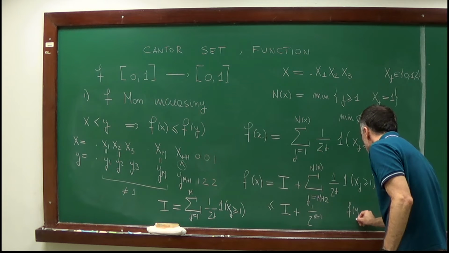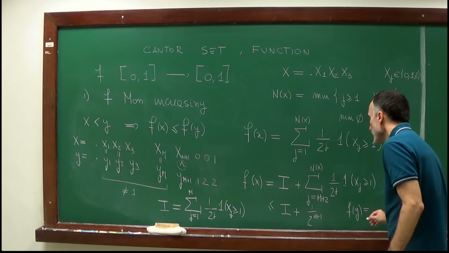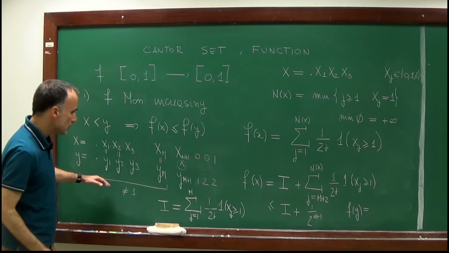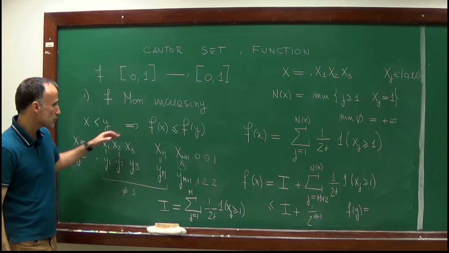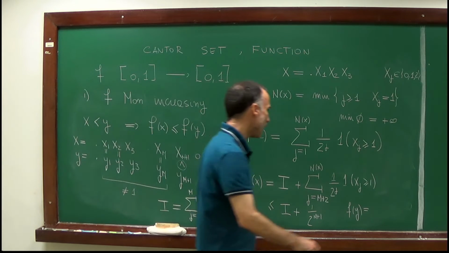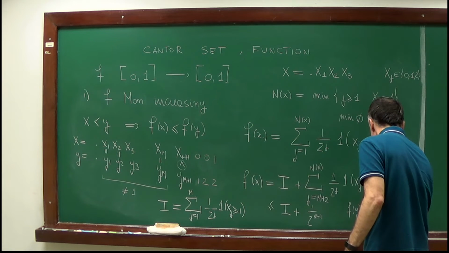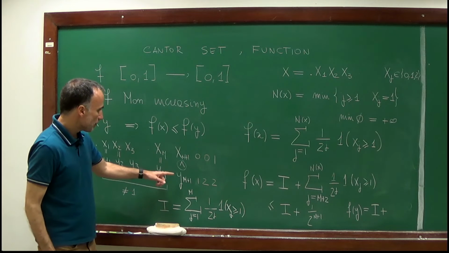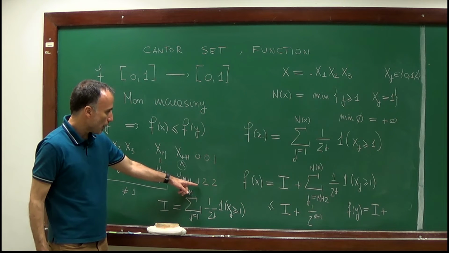what we know about f of y. Well, the contribution of the first m terms is equal to the contribution of the first m terms for x, because they coincide, and this I call I. And then I have y_{m+1} is 1.